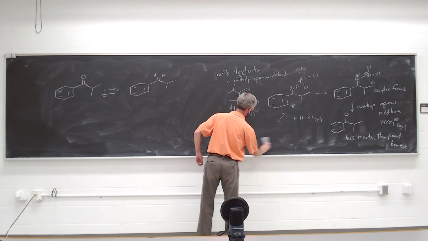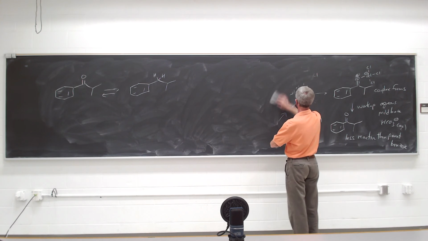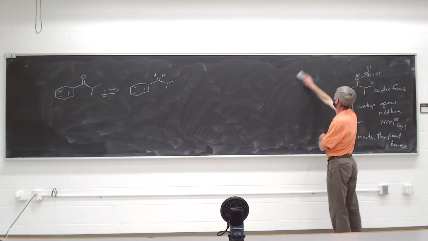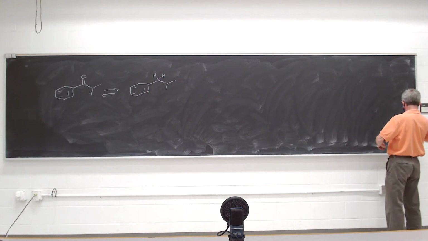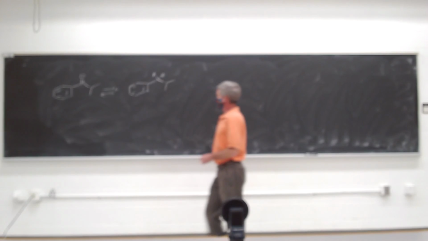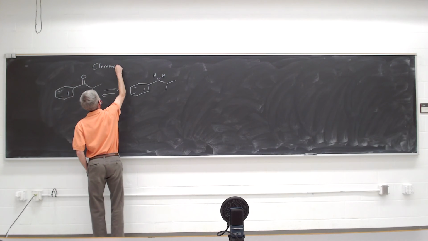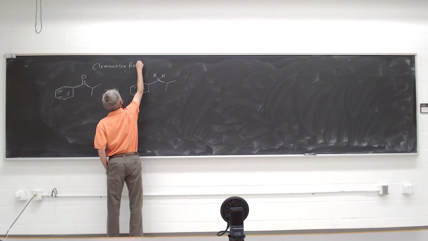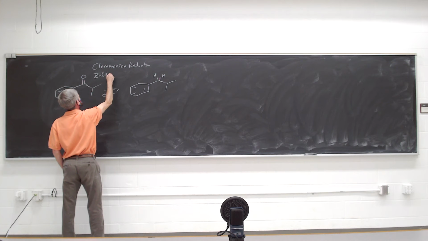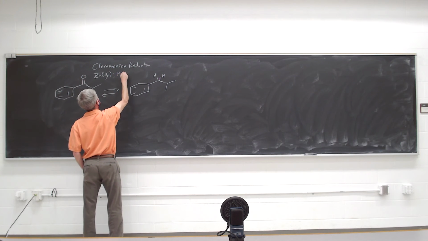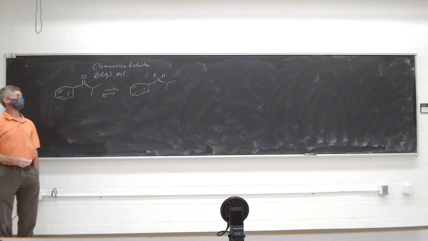But there's a third way of doing that that is commonly used in aromatics and less commonly used for non-aromatic materials. And that's what's called the Clemmensen reduction. Clemmensen reduction uses zinc amalgam in the presence of HCl, and it will reduce a carbonyl group to a CH2.